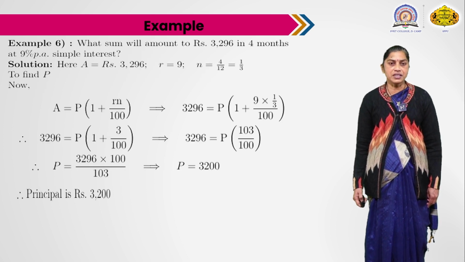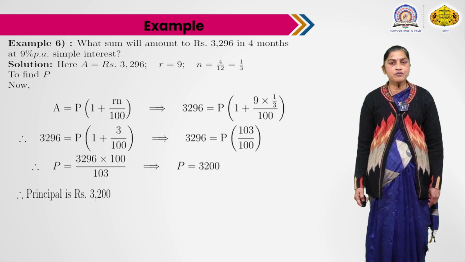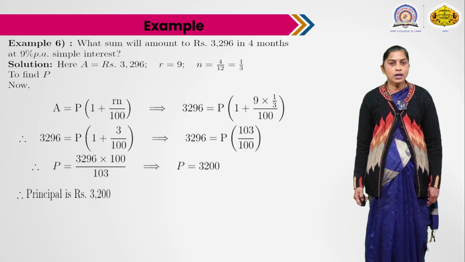Now, see the next example. What sum will amount to rupees 3,296 in 4 months at 9% per annum simple interest? So, the sum is what we want to find.